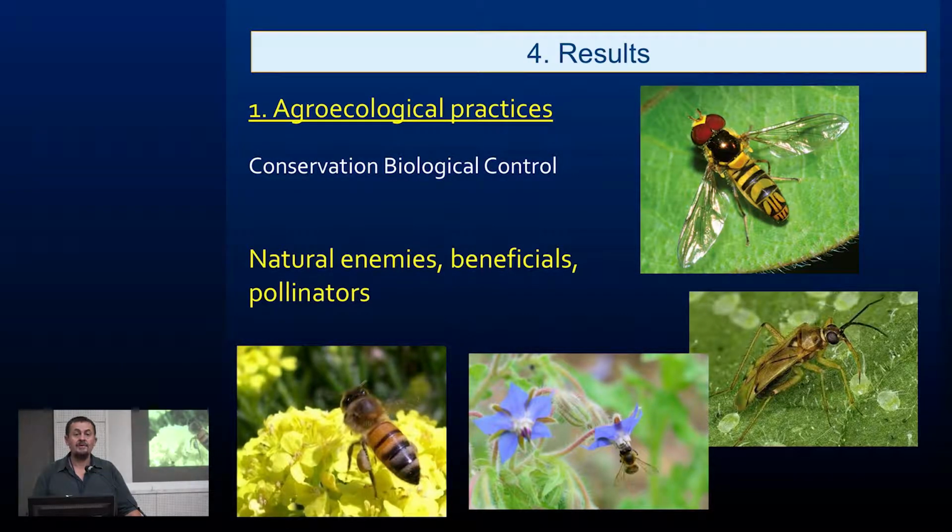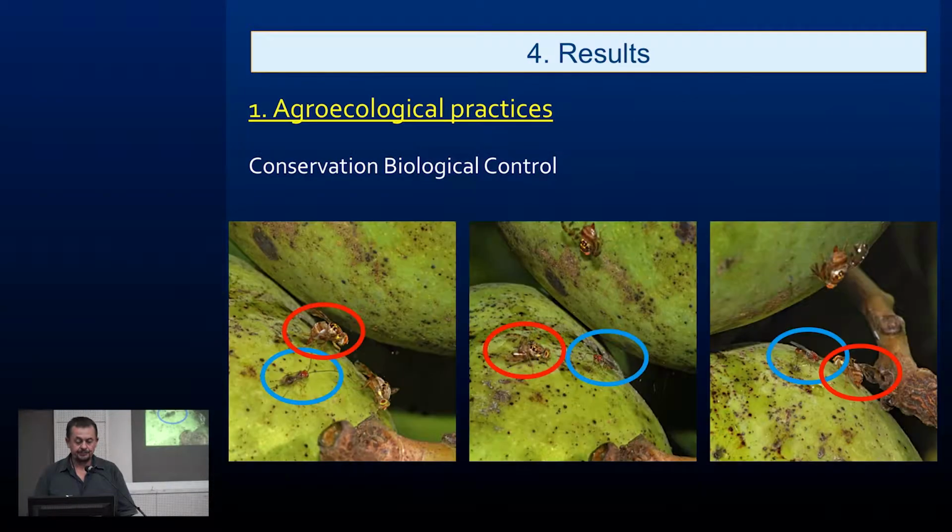And of course, all these practices of habitat management have a very good impact on the level of beneficials. We can see the comeback of a lot of beneficials, such as, on the top right, syrphids, on the bottom right, a bug predator, and at the bottom of the slide, pollinators, bees.